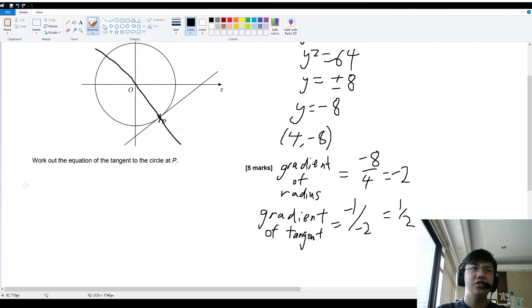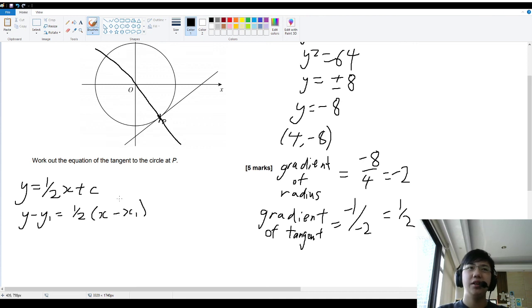Now we know that the tangent has an equation of y equals 1 over 2 x plus c. Using a different kind of formula, the point-gradient form of expressing a graph, which is written like this, we can figure out the y-intercept, or hence the last part of the equation for the tangent.